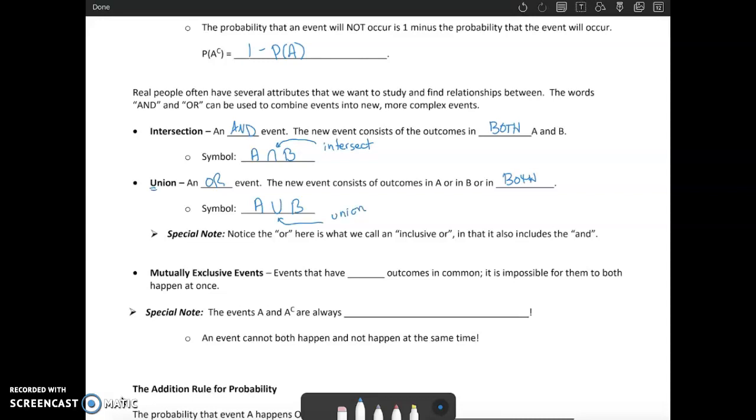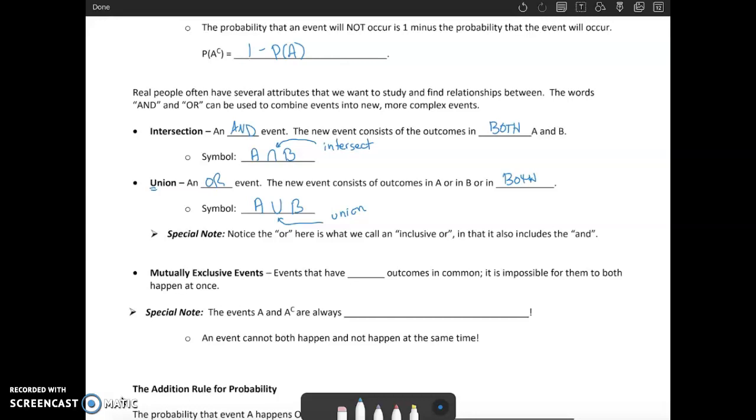A special note at this point is that here, OR is what we call an inclusive OR. It also includes the AND. That is a slightly different way that OR is defined in math or in stats than it is in regular life and in English.